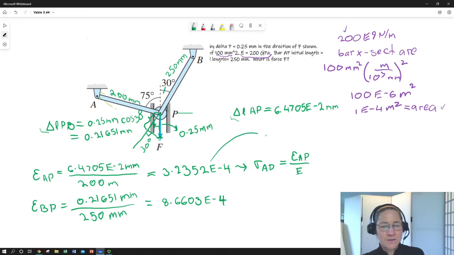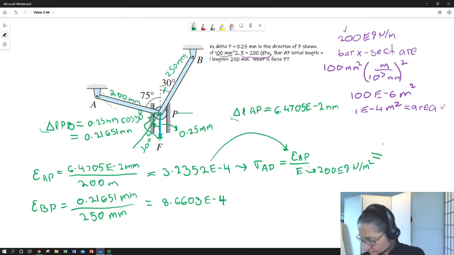So the strain is just simply that, and the modulus is our 200 times 10 to the 9th newtons per meter squared. And so this ends up being 64.7 megapascals, give or take.